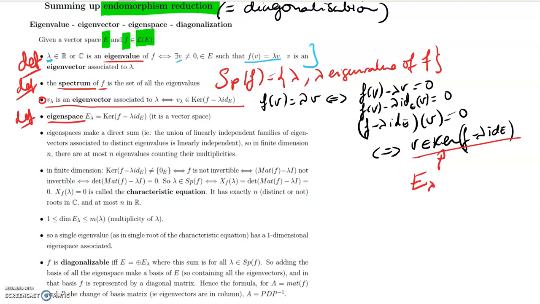It corresponds to the kernel of F minus lambda identity of E, and you know that it is a vector space because we have already proved that the kernel of a linear map, in that case the linear map F minus lambda I, is itself a vector space. Okay, next thing, this one. Okay, that's an important thing.